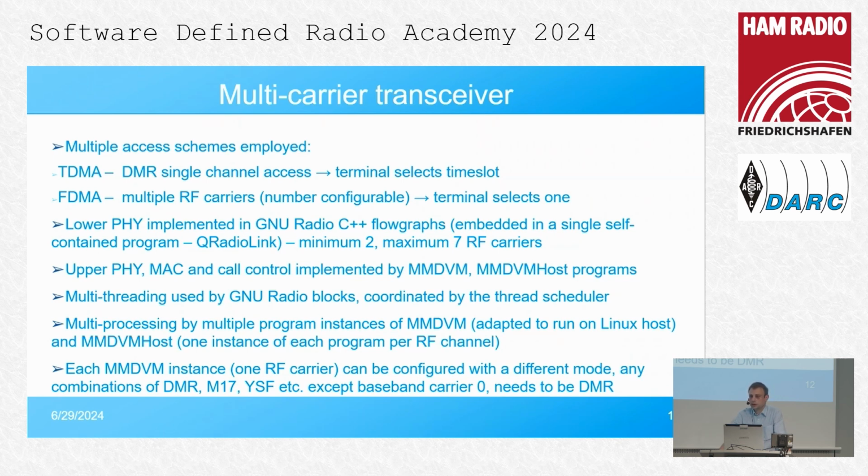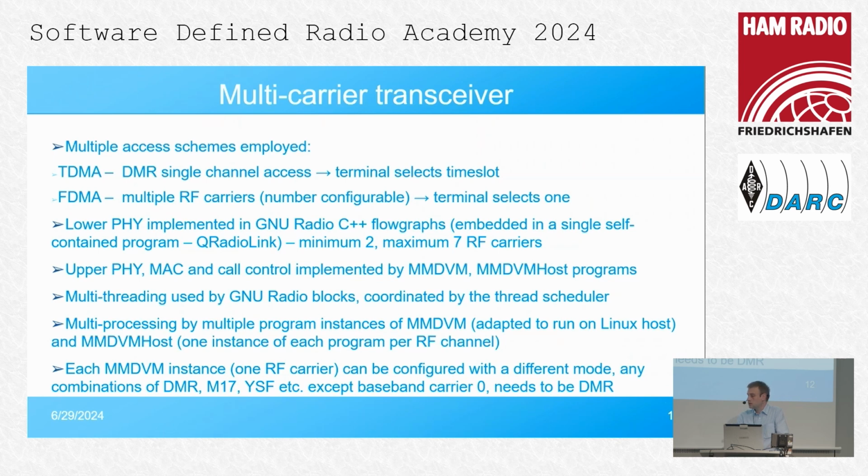The upper physical level and the MAC and call control is not done inside GNU Radio. It's implemented by MMDVM. Two techniques are used here: multi-threading inside GNU Radio, which runs multiple threads, 1 thread per block, and also multiprocessing, which is happening between all these MMDVM instances and the other programs included in the system.